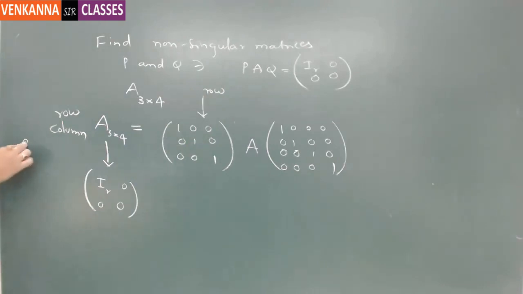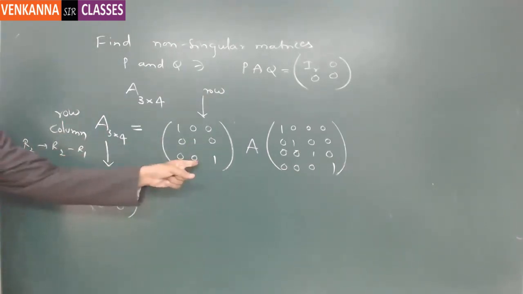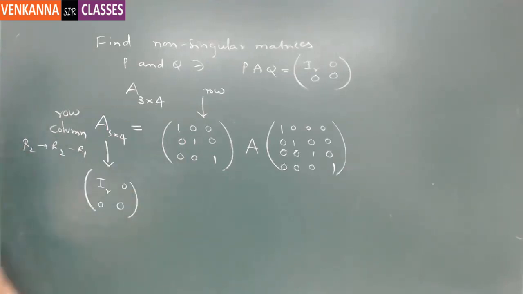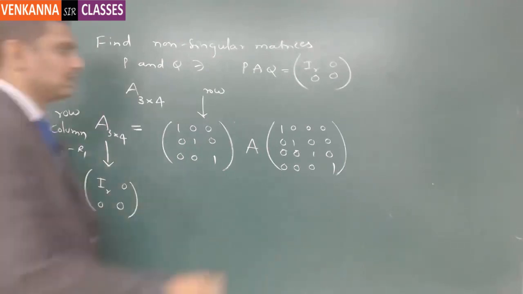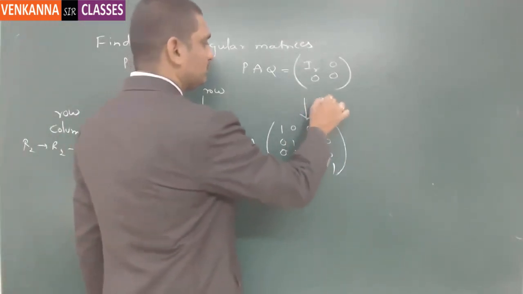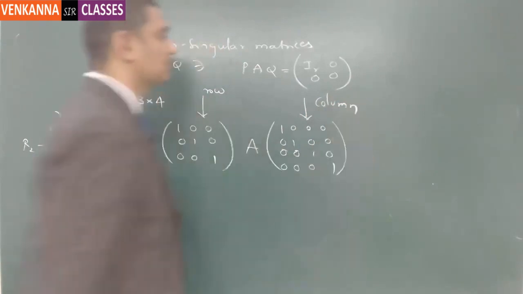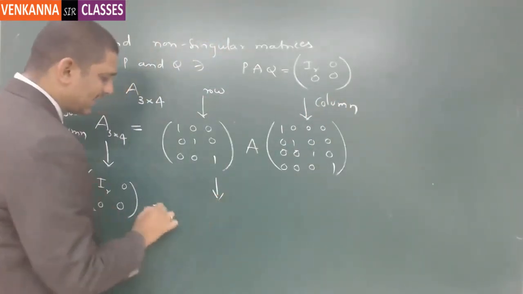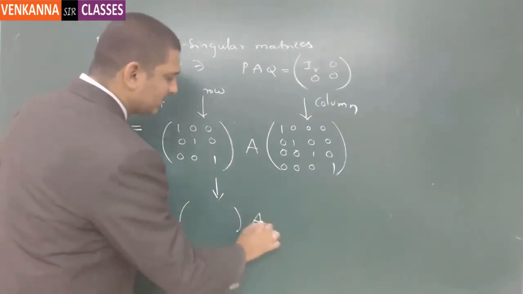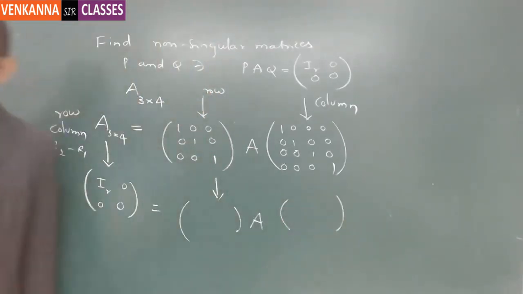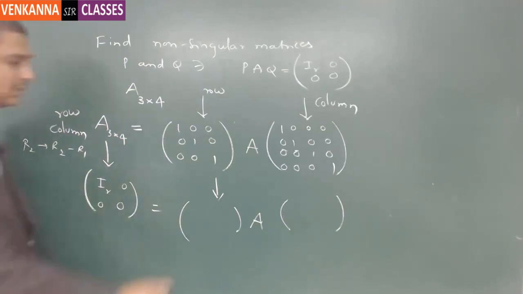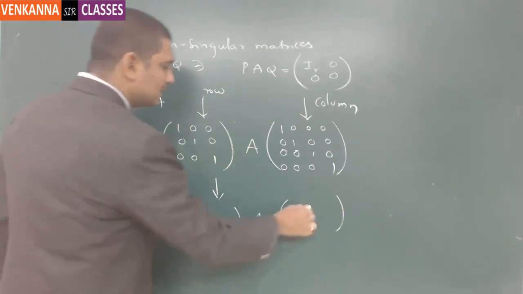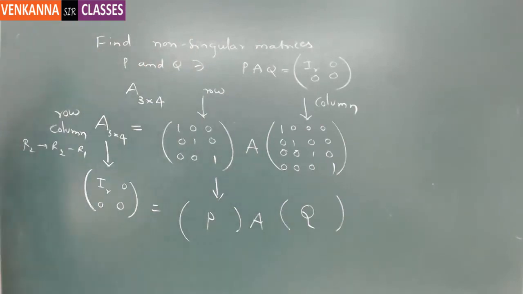If I say R2 goes to R2 minus R1, that will be applied here, also here. And whatever column operations we apply on A will be applied on the right portion. So you will get new matrices: this is the new matrix A, and we call this one the matrix P and this one the matrix Q. Fine.